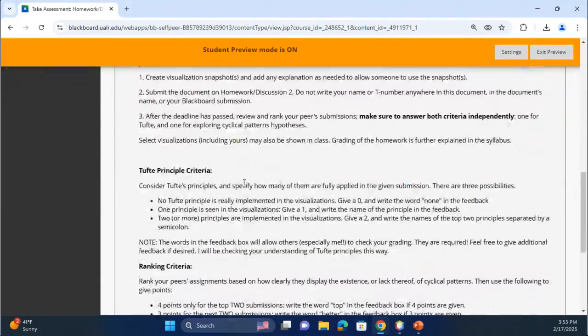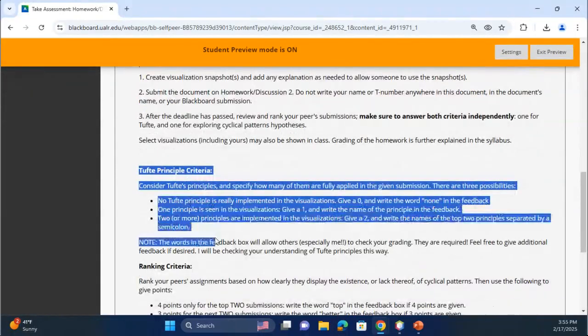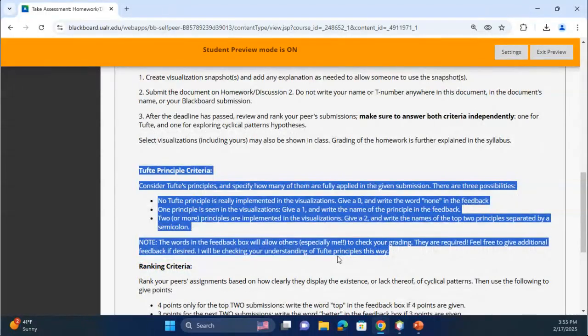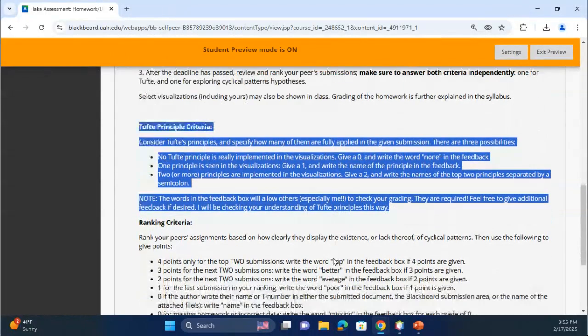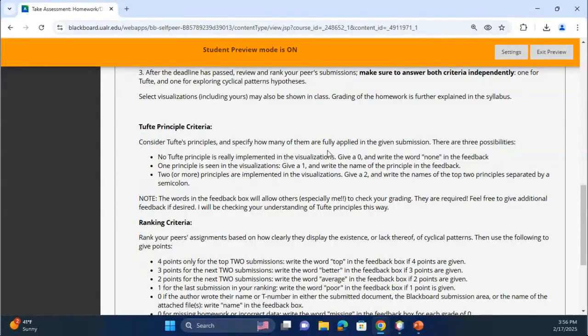And the different part would be that there will be 2 different criteria to answer. One is going to be Tufte, and you can give a 0, a 1, or a 2 for Tufte. So if no Tufte principle is really implemented, then you give a 0. If you notice 1, but no more than 1, you give a 1 and write the name in the feedback.